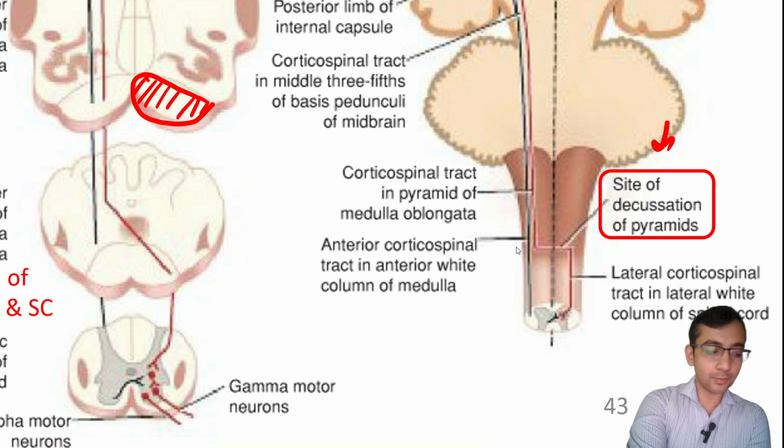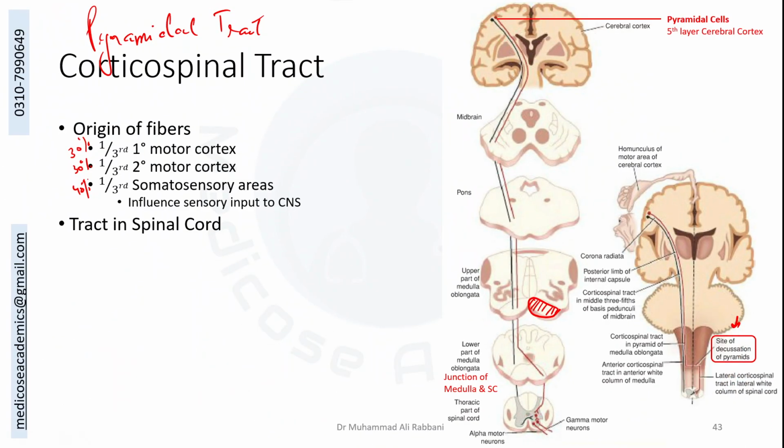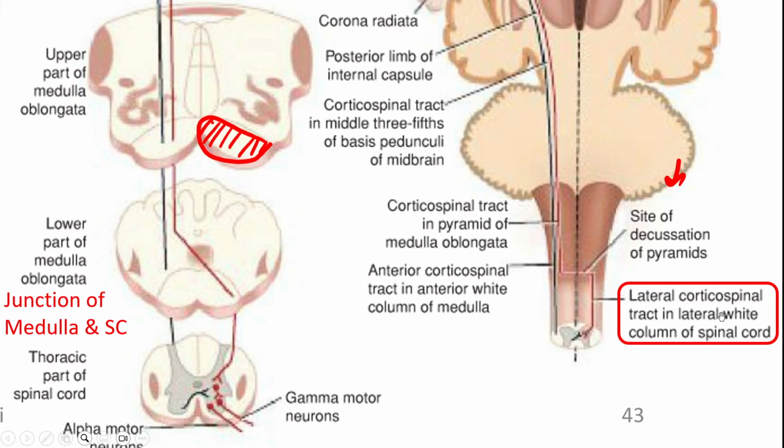So 90% of the fibers cross at this point, and after crossing they travel down the spinal cord in the lateral corticospinal tract.